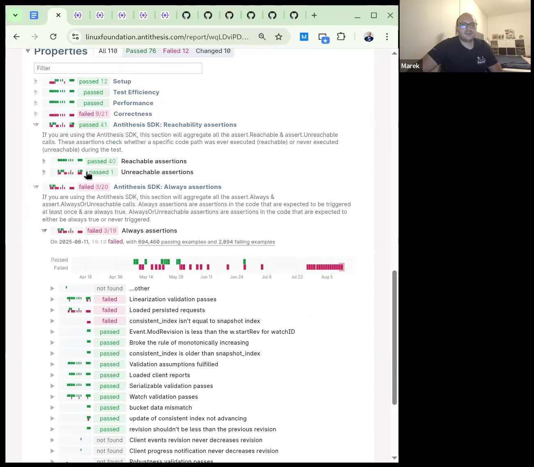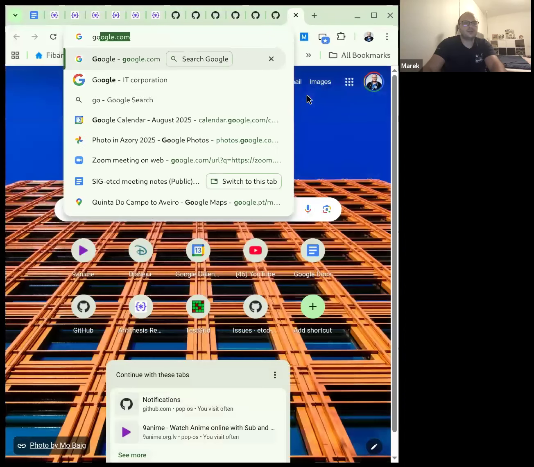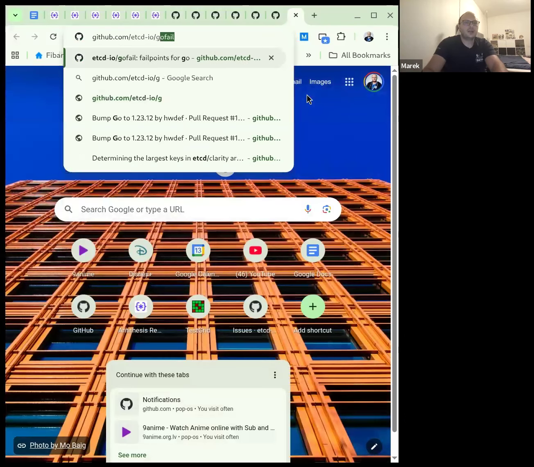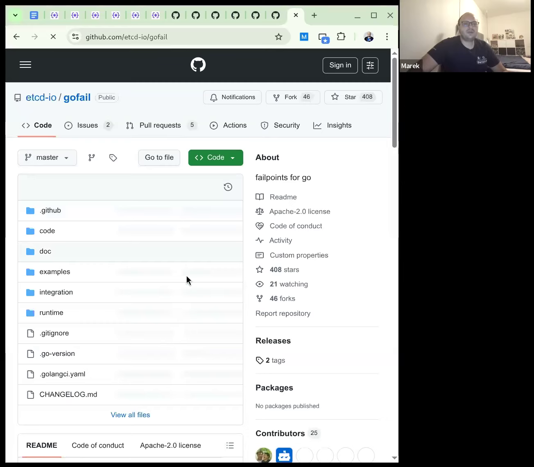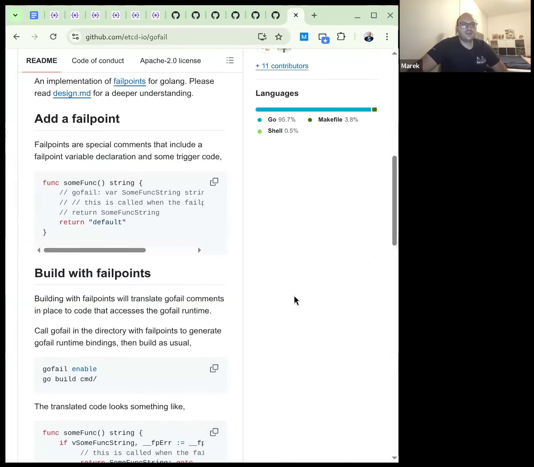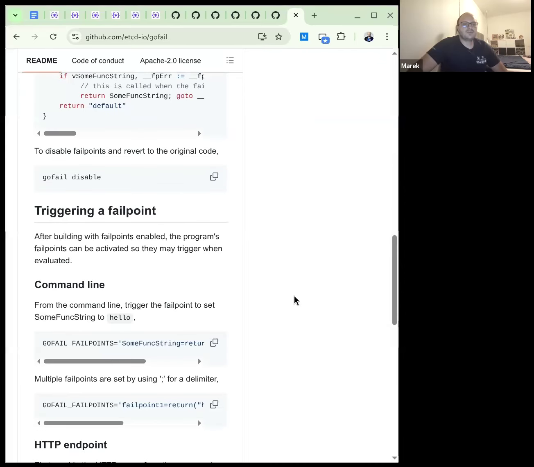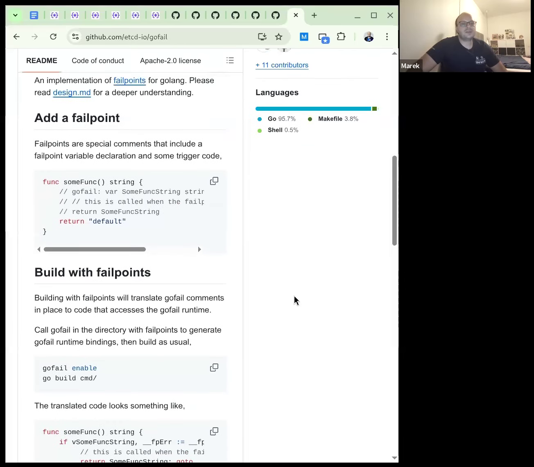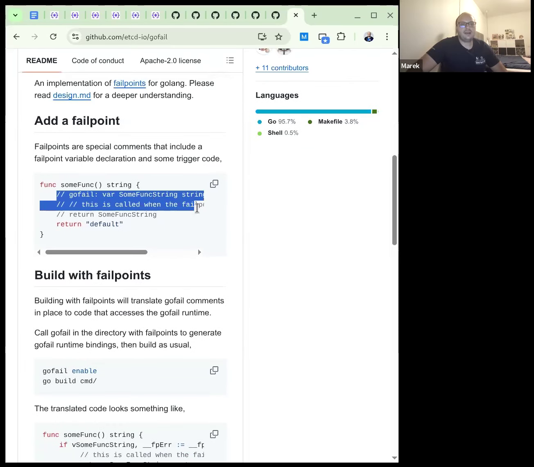So that's on reachability, and for the context, etcd has a Go failpoint library, which is our own implementation of fail point injection for the runtime. You basically write a comment in the code of etcd or any other project, and if you use this library, you can dynamically modify this code to inject a fail point.